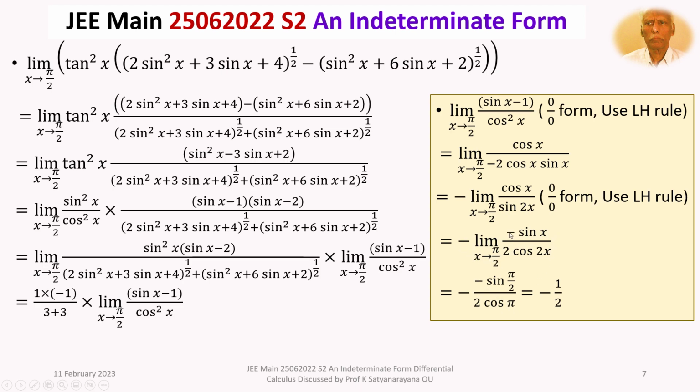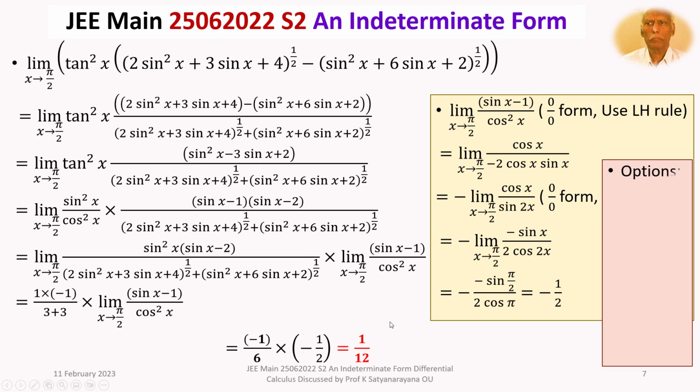This is minus sin pi by 2 by 2 times cos 2 into pi by 2, that is cos pi. Sin pi by 2 is 1, so 1 by 2, and cos pi is minus 1. Therefore it is minus 1 by 2. So, going back, limit x tends to pi by 2 of (sin x minus 1) by cos square x we write as minus 1 by 2. So minus 1 by 6 into minus 1 by 2, that is 1 by 12.